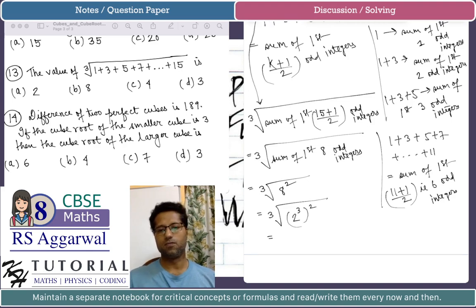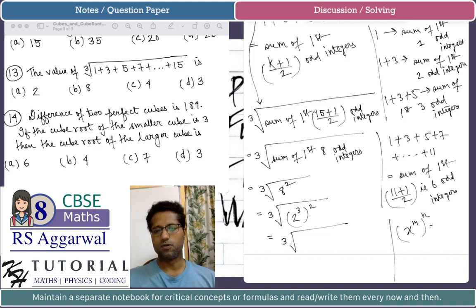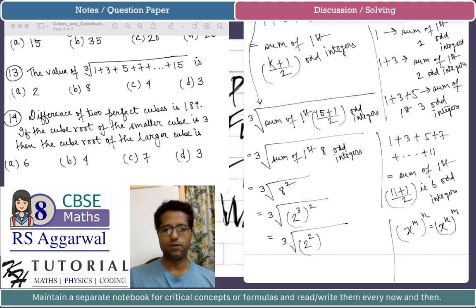We can always interchange the powers like this: x to the power m, whole raised to the power n, is equal to x to the power n, whole raised to the power m. So we can write this as 2 square, whole raised to the power cube.